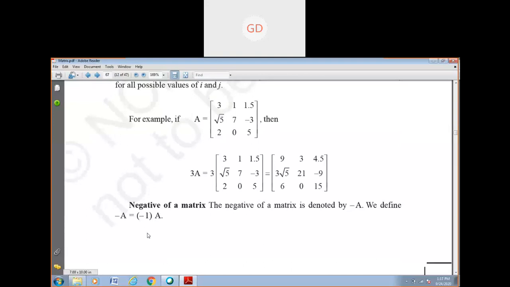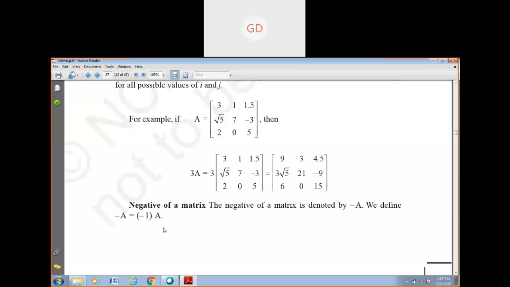It is scalar multiplication. The scalar is -1. So when all the elements of A are multiplied by -1, all the signs of the elements will be reversed. If some element inside A is positive, then it would be negative.